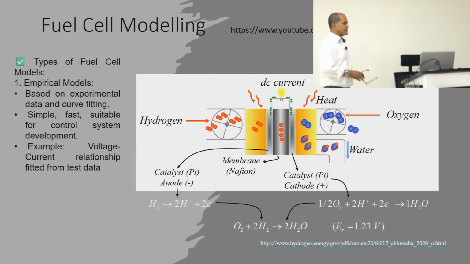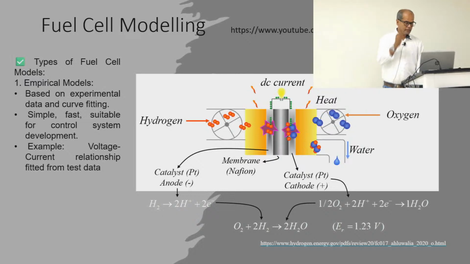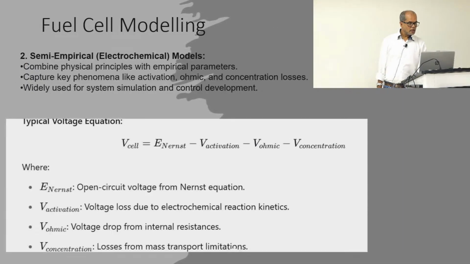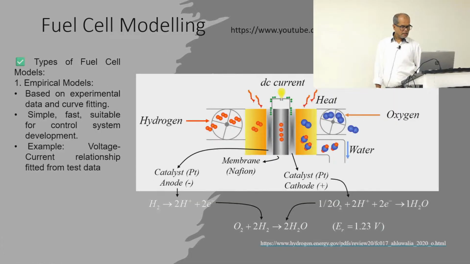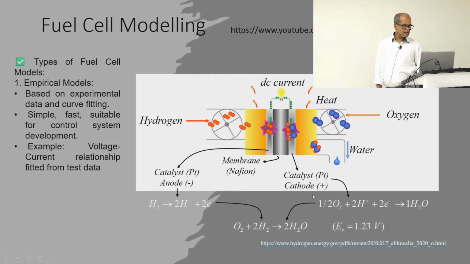Just from experiment you can get that simple empirical model, and from the data that you collect, using the curve fitting method, you are going to get an equation, something like that, which again represents the typical voltage equation.